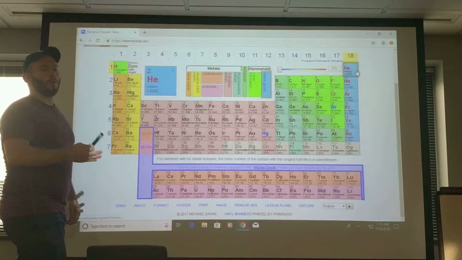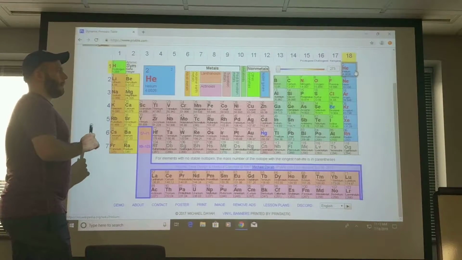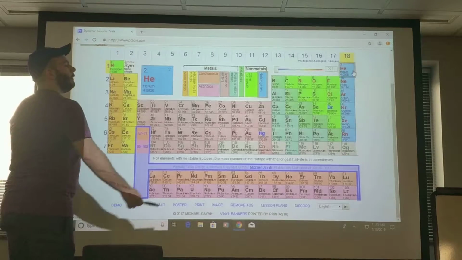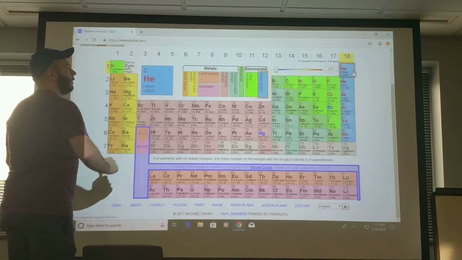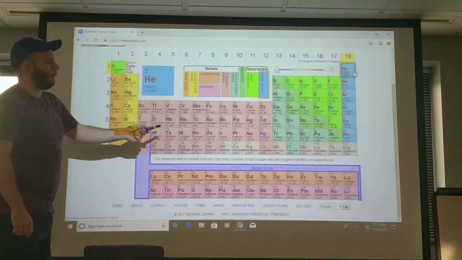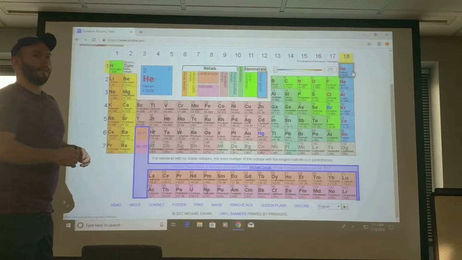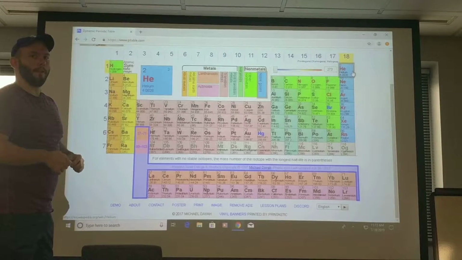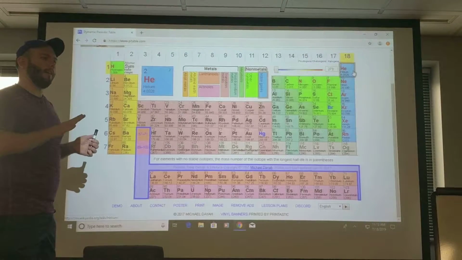So for your typical 105 class, I believe they make you memorize from 1 to 30 of the elemental symbols for each element. So from hydrogen all the way down to zinc. May sound a little bit difficult, but if you practice enough with it, it'll be easy enough.